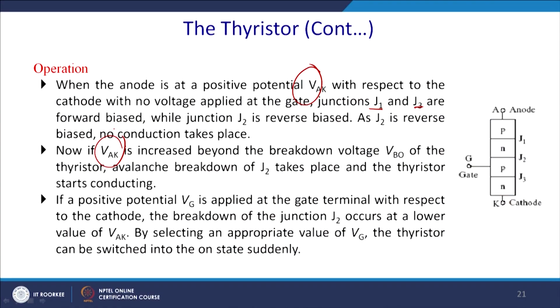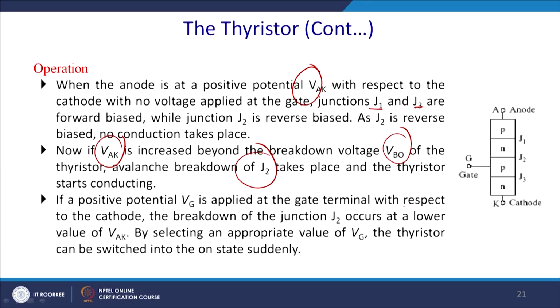If VAK is increased beyond the breakdown voltage VBO that has been prescribed in the data sheets for the thyristor, avalanche breakdown of J2 takes place and the thyristor starts conducting, but sometimes it may damage the thyristor, because when it starts conducting, the current is also high and there is a considerable voltage drop across this junction, and if the heat is not properly dissipated, this mode may damage the thyristor.